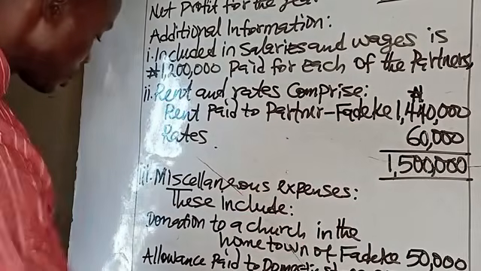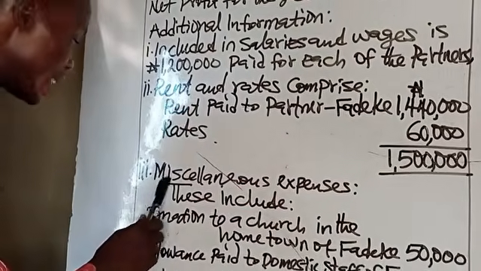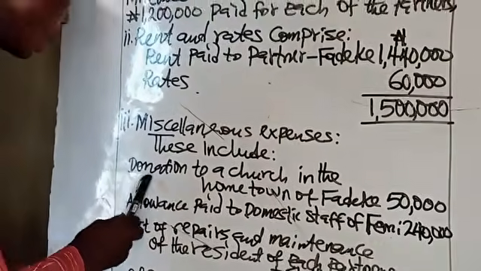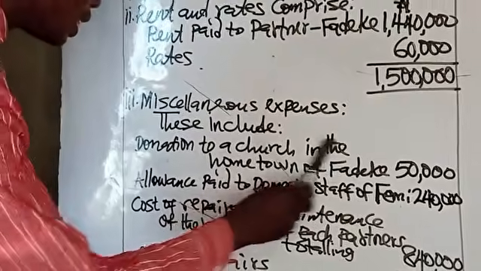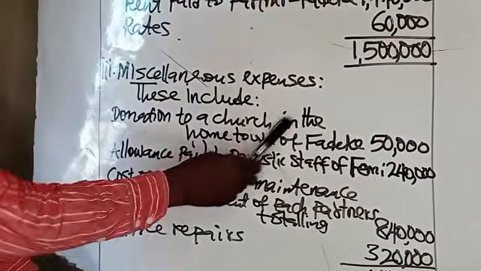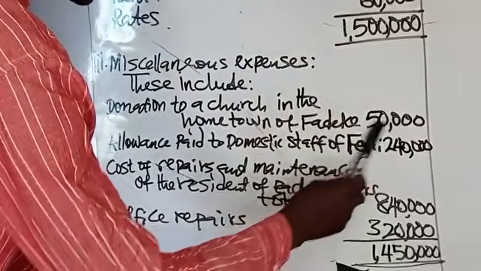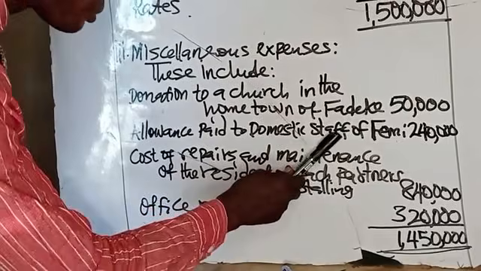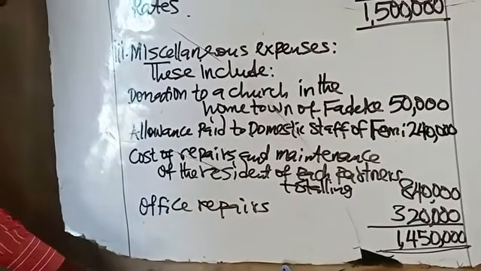Note 3. Miscellaneous expenses. This includes donation to a church in the hometown of Fadeke 50,000 naira. Allowance paid to domestic staff of Femi 240,000.